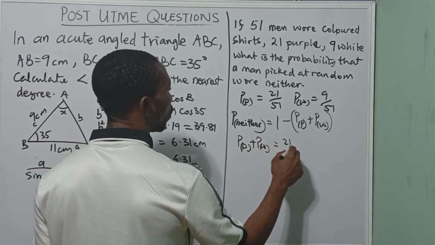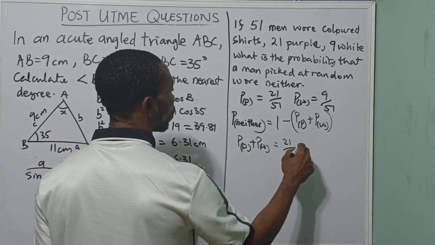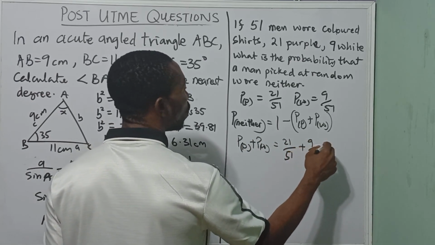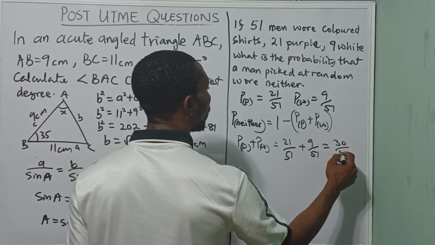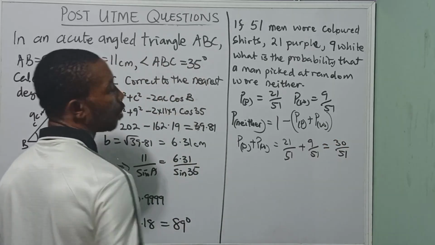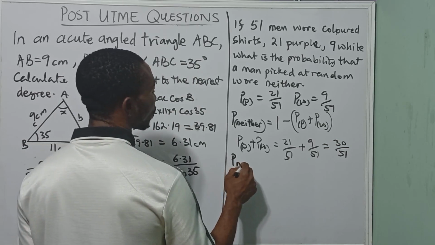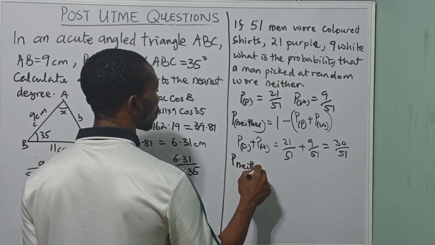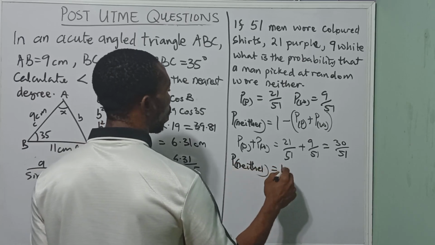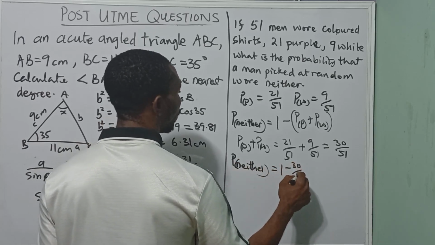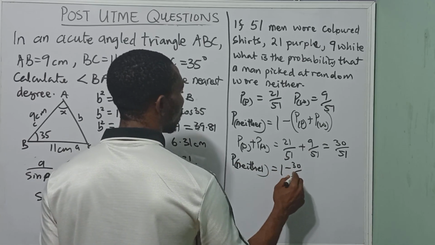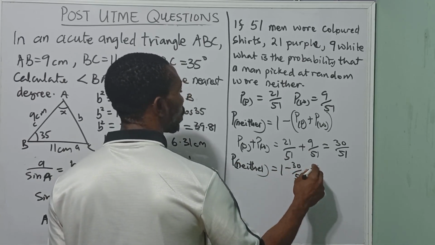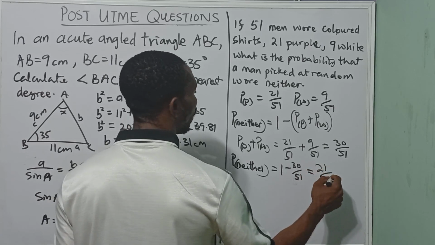This would be 21 over 51 plus 9 over 51, which gives us 30 over 51. So probability of neither will become 1 minus 30 over 51, which would give us 21 over 51.